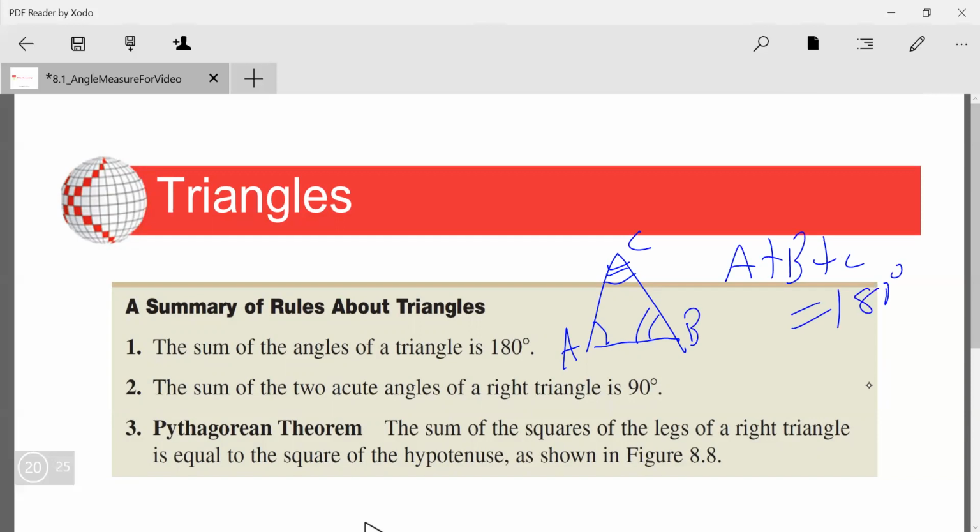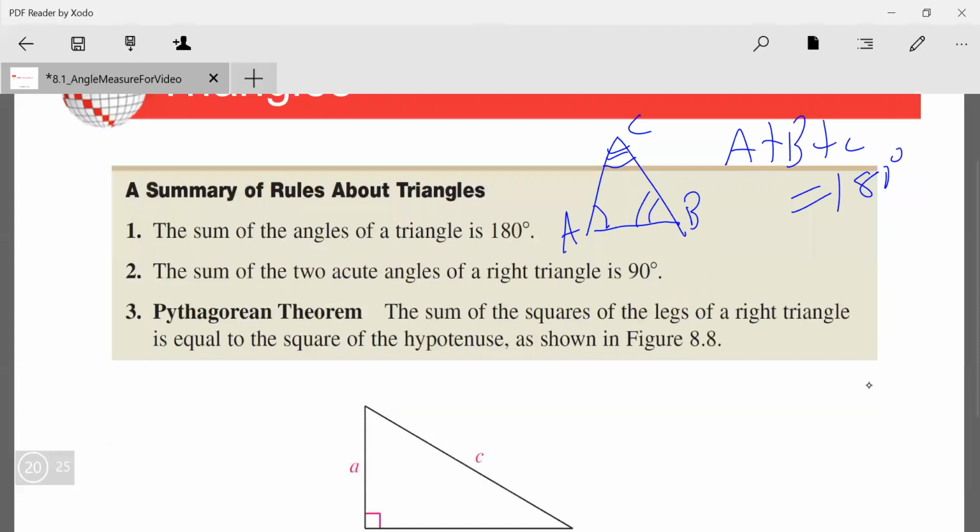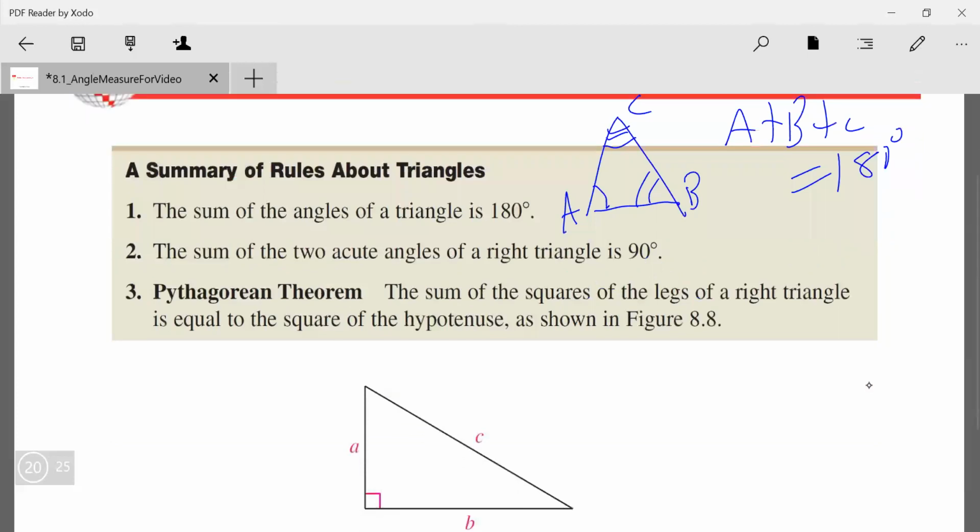Second one: the sum of the 2 acute angles of a right triangle is 90. That follows from the first one, because one of the angles is 90, so the other 2 will make 90.